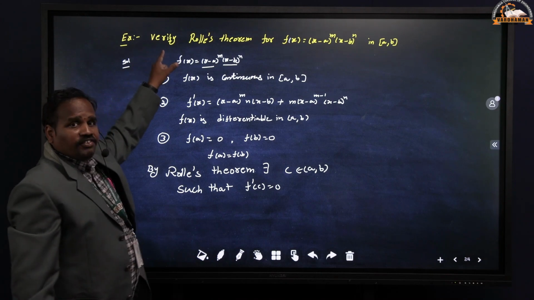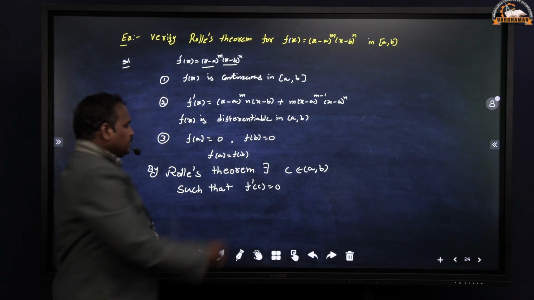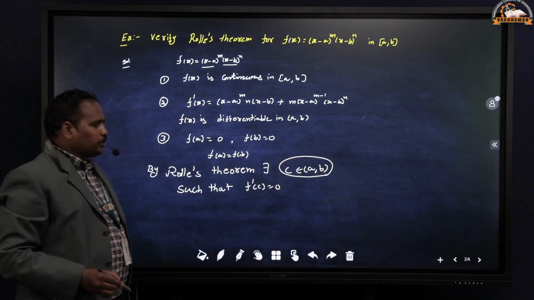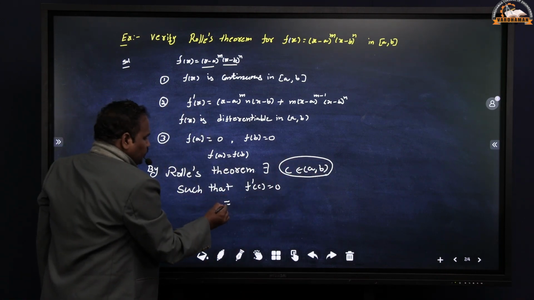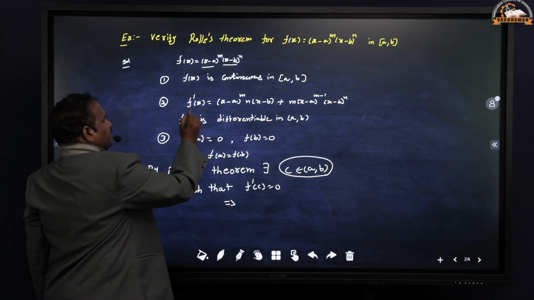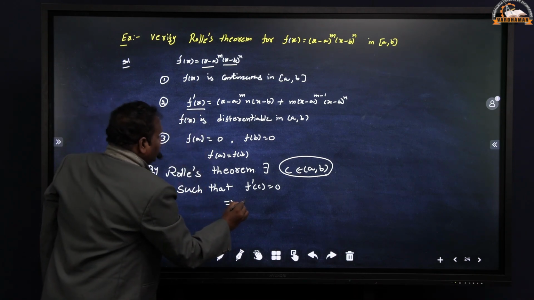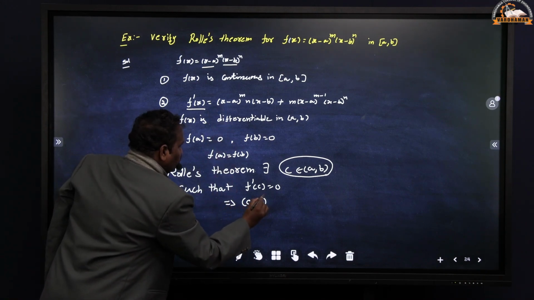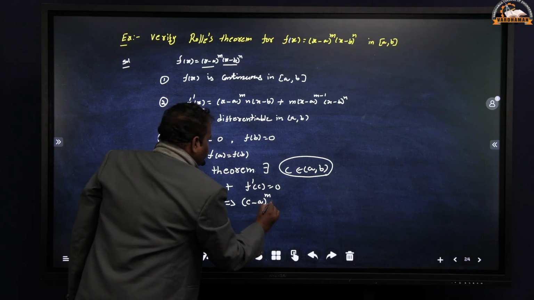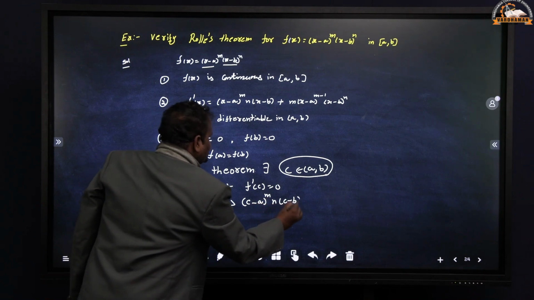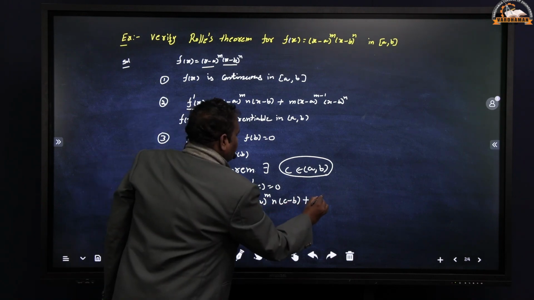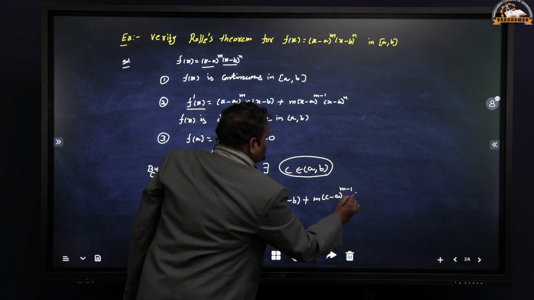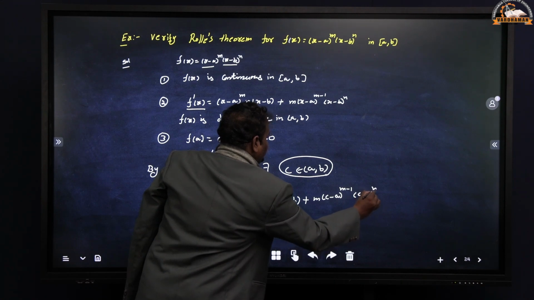Here we need to verify Rolle's theorem, that means we need to prove that the element c belongs to the open interval (a, b). f'(c) equal to 0: replacing x as c in this function, we get f'(c) equal to (c minus a)^m into n into (c minus b)^(n minus 1) plus m into (c minus a)^(m minus 1) into (c minus b)^n.